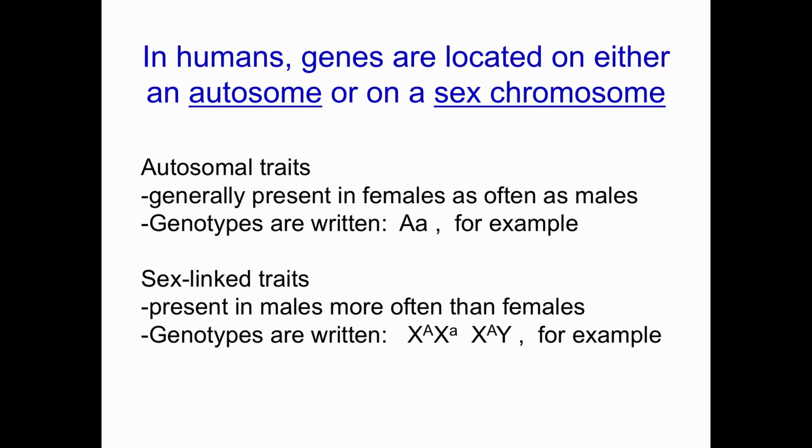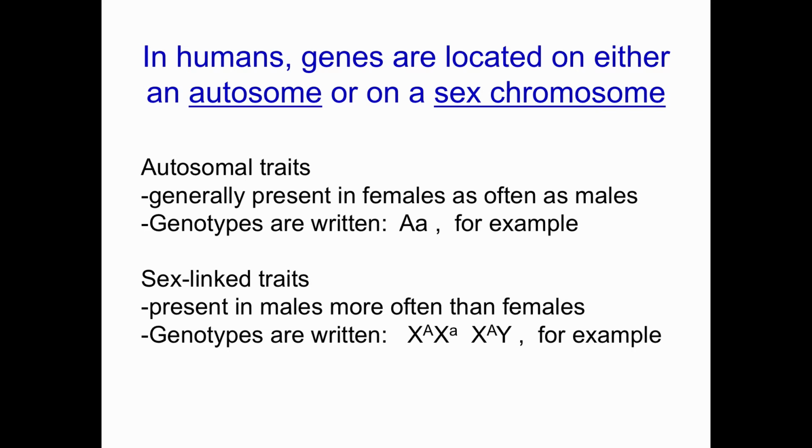Now, if the trait is carried on the sex chromosomes, it's going to be carried almost always on the X chromosome. There's not a lot of information on the Y chromosome. So the sex chromosomes are chromosomes number 23, as I said a minute ago.